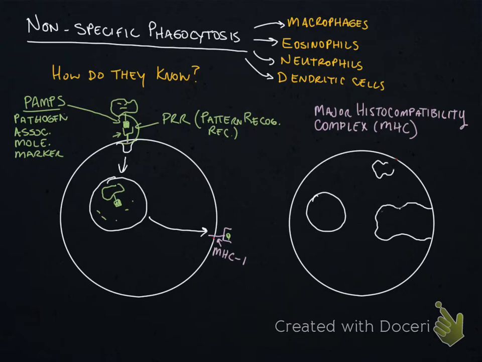It was endocytosed, digested by the phagocyte, and then a part of that antigen was then posted on the membrane of the phagocyte on an MHC1. So let's look at that in a little bit more detail here.